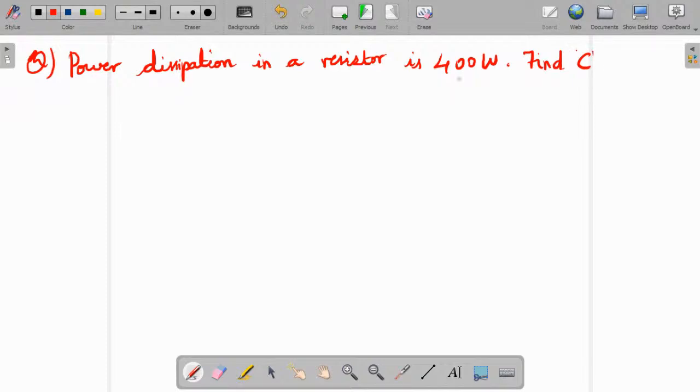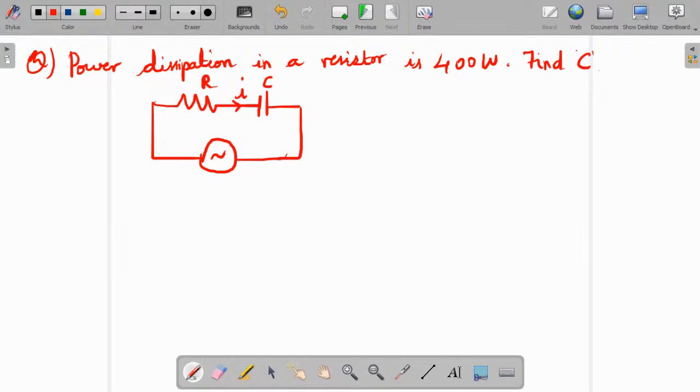You are given a series RC circuit with R and C, and this is the current I. The source is 250 volt, 50 hertz, and the voltage drop across the resistor is 160 volt.